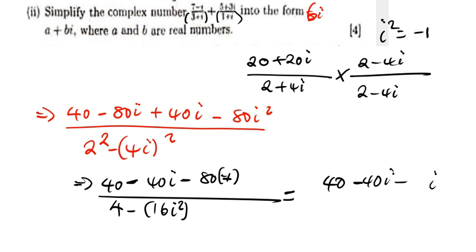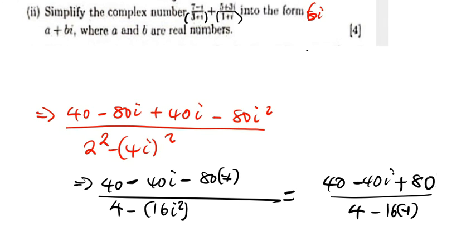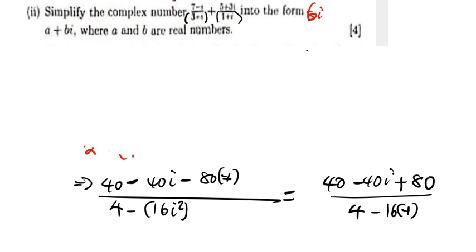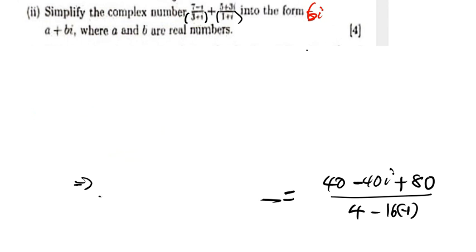Okay, so it's plus 80. Then we divide this by 4 minus 16, where there is i, we put negative like that. So now again, to create space, I'll get rid of this and let's see what we're going to have.